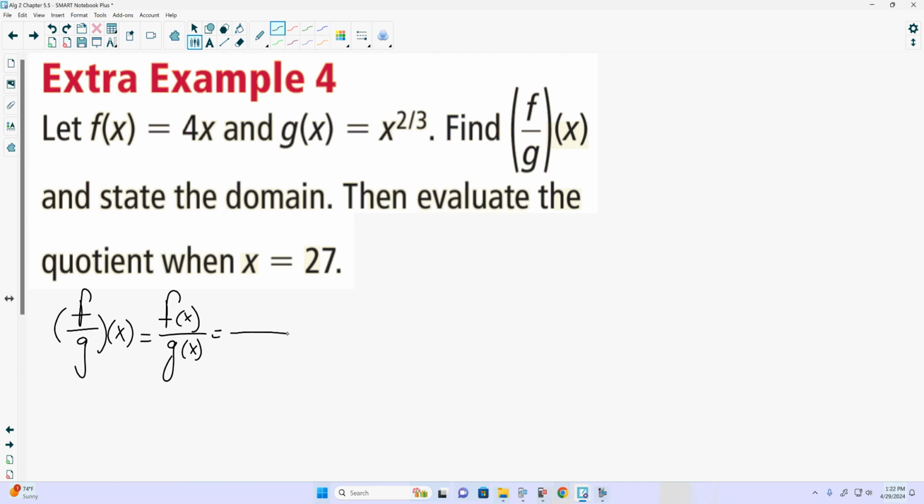F divided by g of x is the same as f of x divided by g of x.